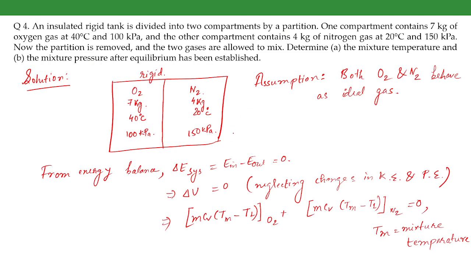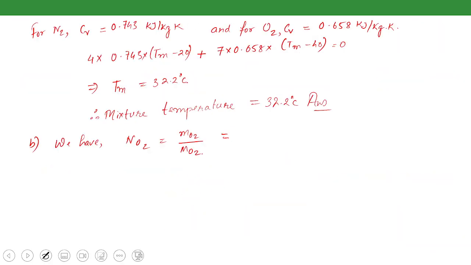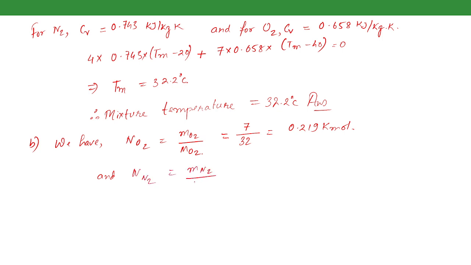The mass of oxygen is 7 kg and the mass of nitrogen is 4 kg. So this is 7 by 32, the molecular mass of oxygen, so the number of moles is 0.219 kilomole. The number of moles of nitrogen is the mass of nitrogen by the molecular mass of nitrogen, 4 kg over 28, so this value comes out to be 0.143 kilomole.